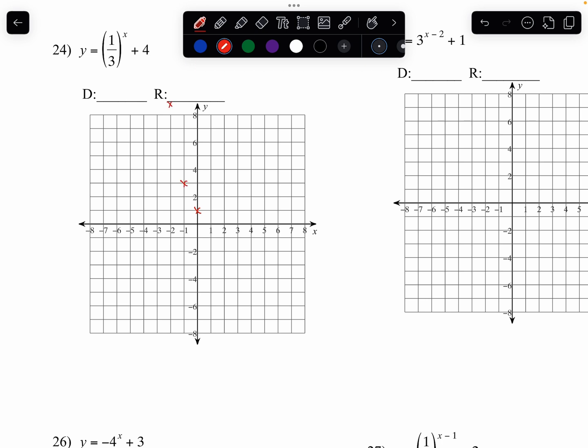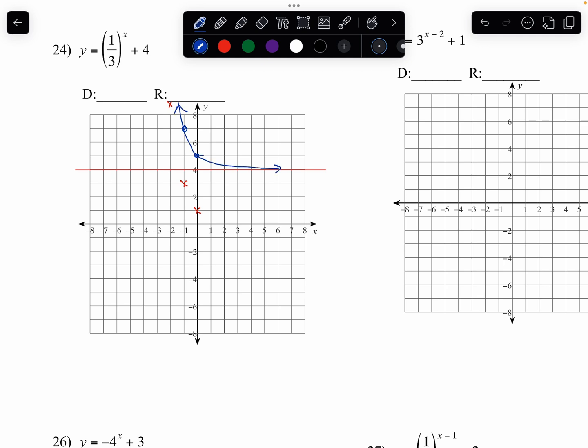So this creates a decay model like that right there, and then we're just going to add 4 to all these points. So 1, 2, 3, 4, 1, 2, 3, 4, and then the asymptote, which would have been here, is also going to be moved up 4. So the asymptote can be put right there. And so this is what the graph should look like.